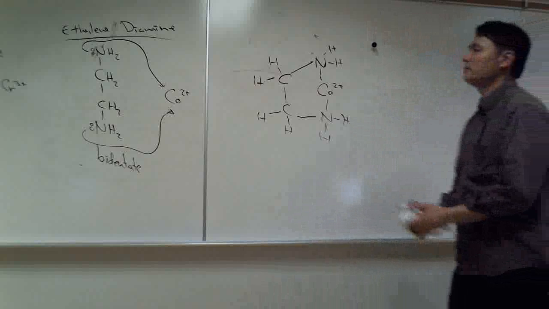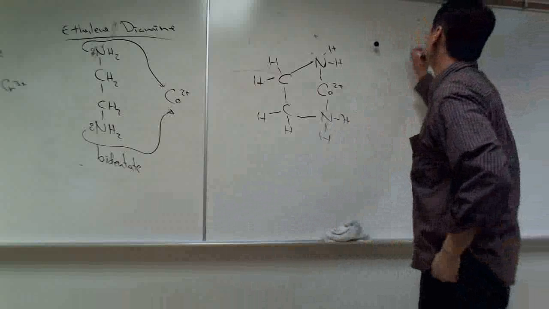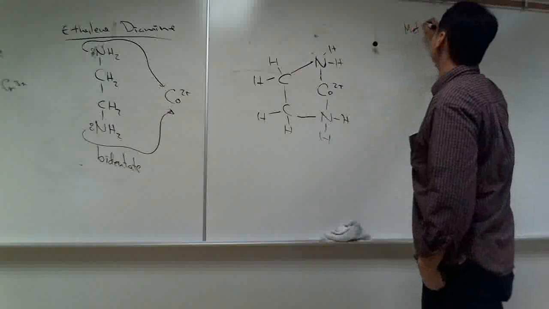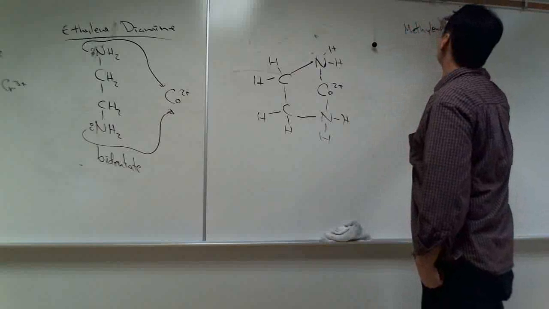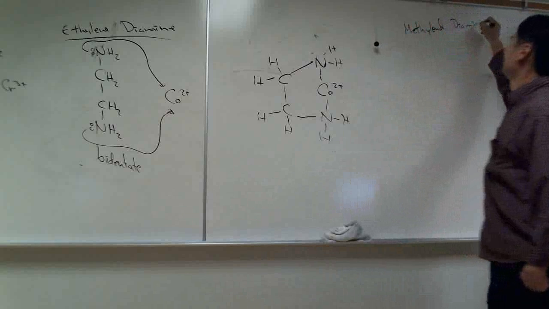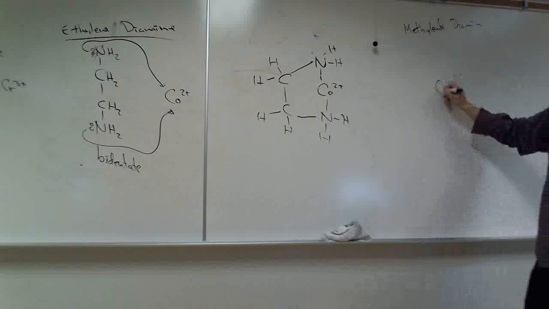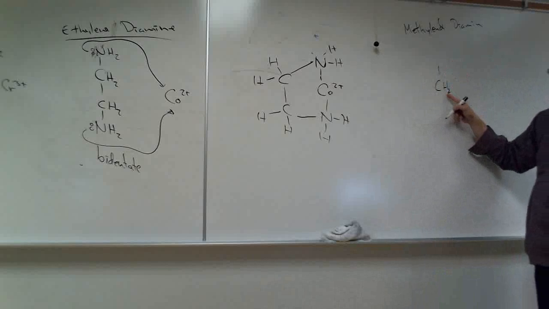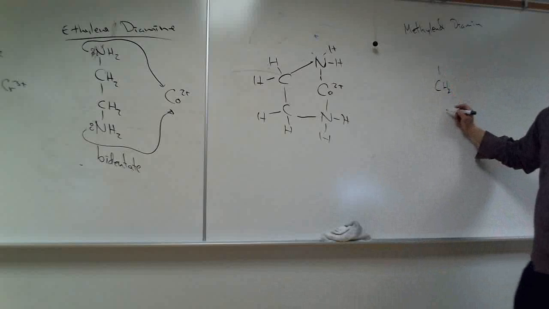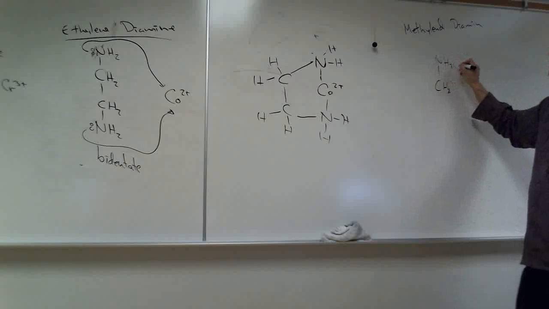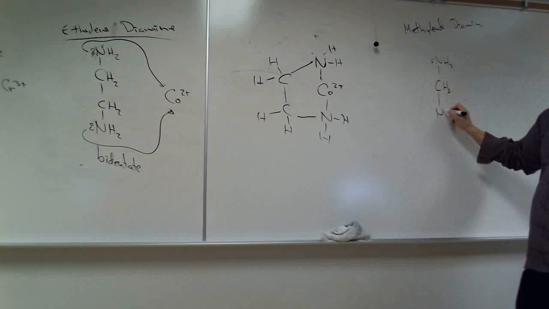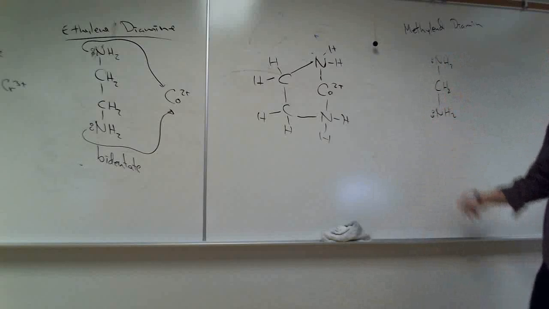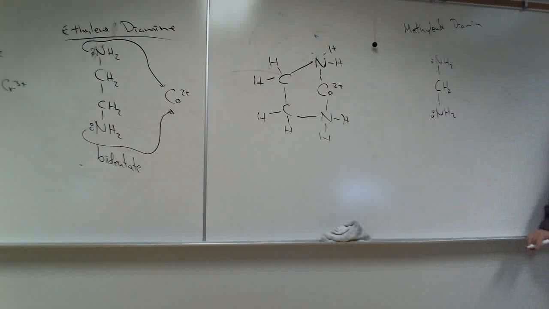So if you learn some patterns, we have ethylene diamine. We also have methylene diamine. Methylene diamine only has one methylene group here. It's not methyl, because methylene is a CH2, methyl is a CH3. And so methylene diamine looks like this. Now, based on pattern, what would you say, methylene diamine, bidentate or monodentate?